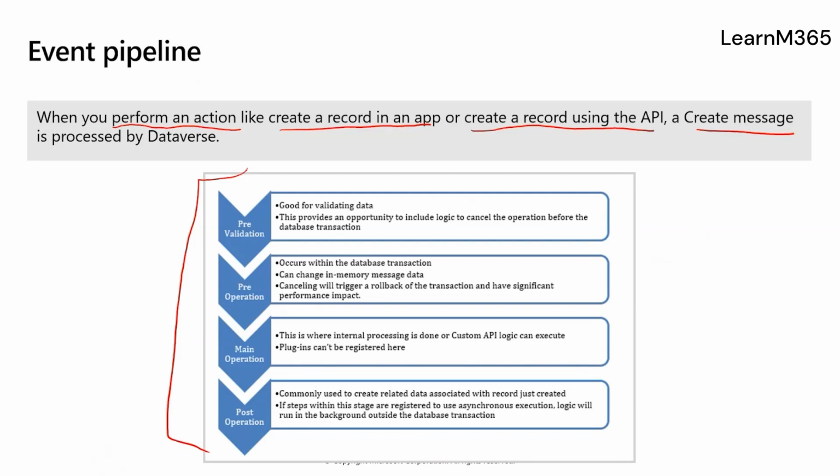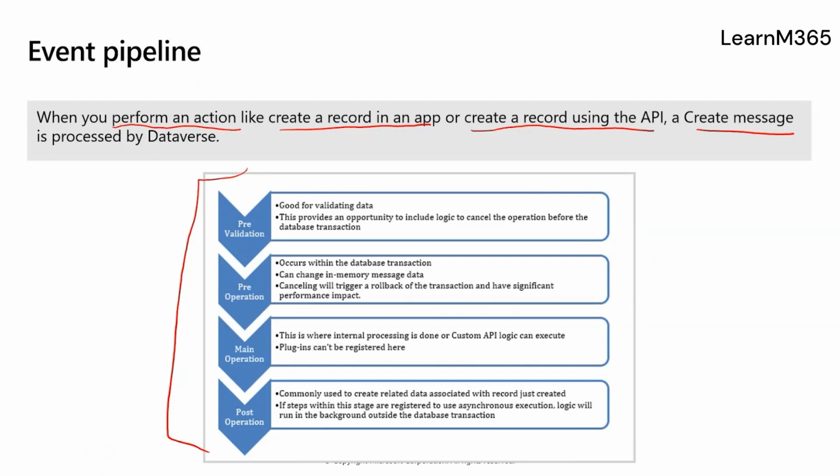Four stages are going to be there, so that provides a consistent set of stages. Each stage except for the main operation can have a plugin attached to it to run custom logic. Suppose before the record is created in the Dataverse table, I might be interested to perform some additional task.